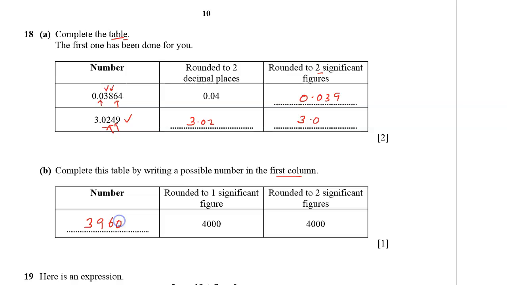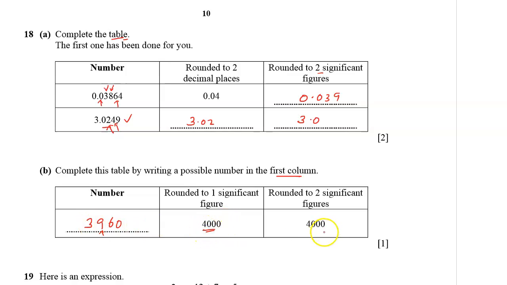Can go for 6. So when you round off this number to 1 SF, you consider the second. Of course, these are 3 SF: 1, 2, 3. So to round off to 1 SF, you need to consider the second SF here. And since it is greater than 5, you can increase this one to 4.